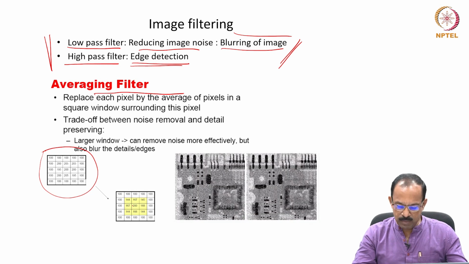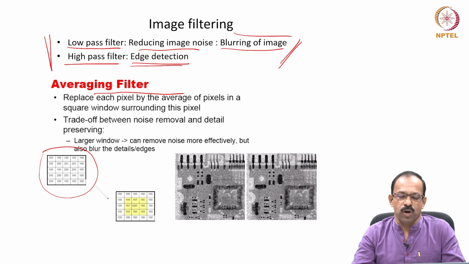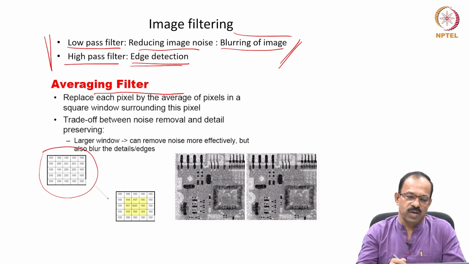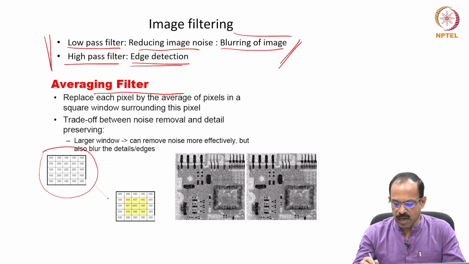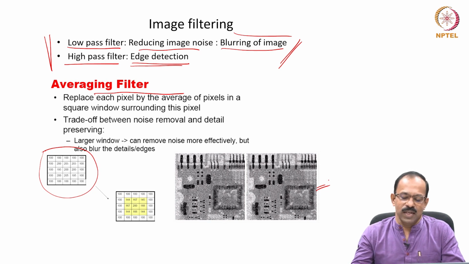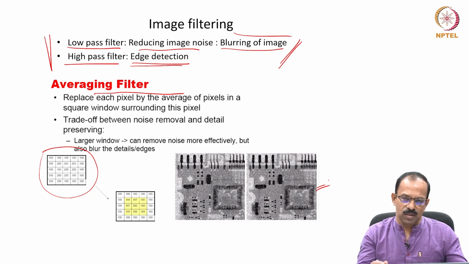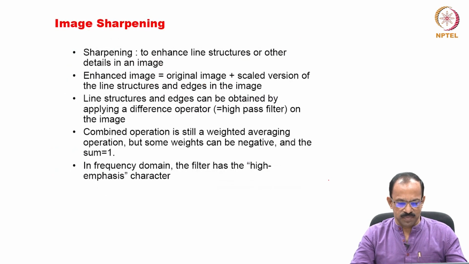That way you will be able to get an image with less noise because a more uniform distribution will be there, but the image will get blurred to some extent. You will be able to remove all the unwanted details and get a better image compared to the raw image. That is the low pass filter, or averaging filter.